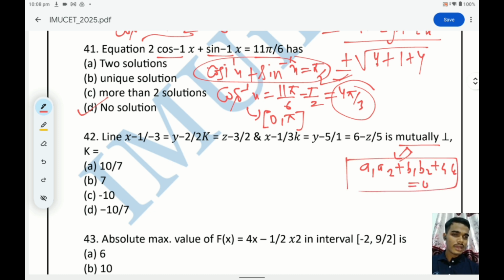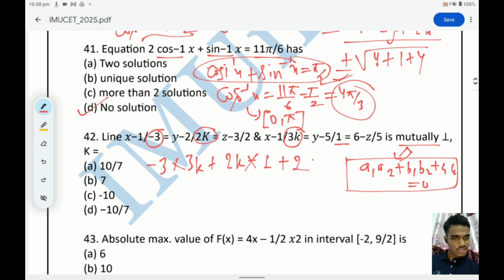We will apply it and get the value here. A1 is minus 3, A2 is 3k, plus B1 is 2k, and B2 is 1. Okay, for C1 is 2, and C2 will be minus 5.